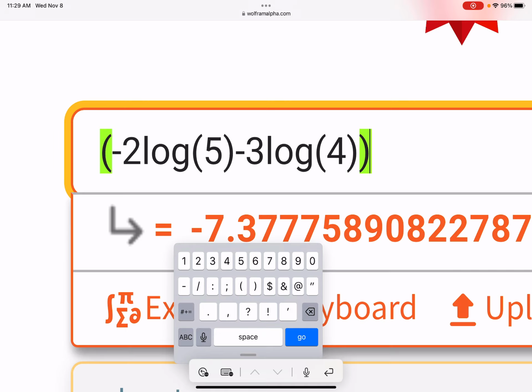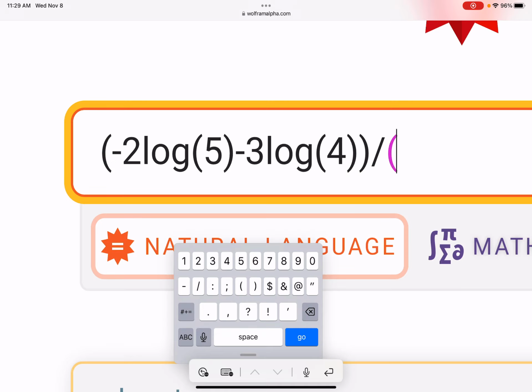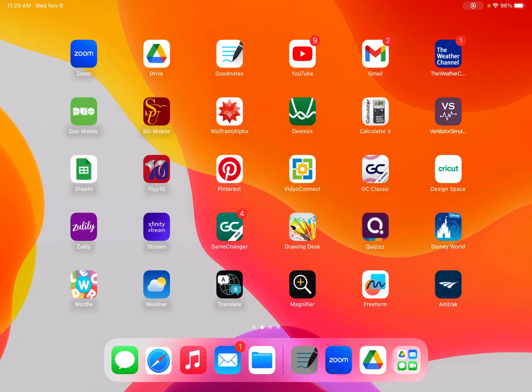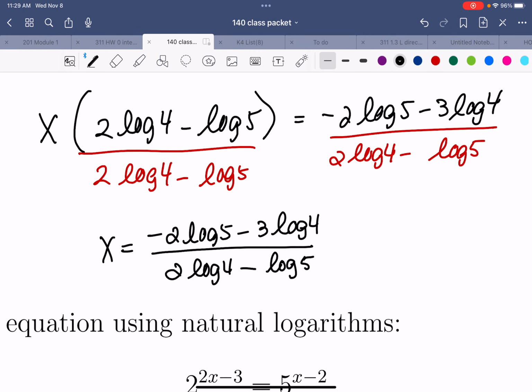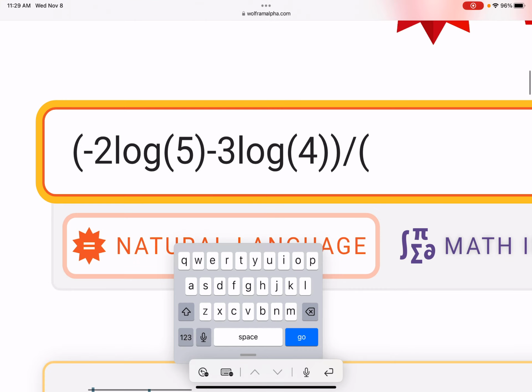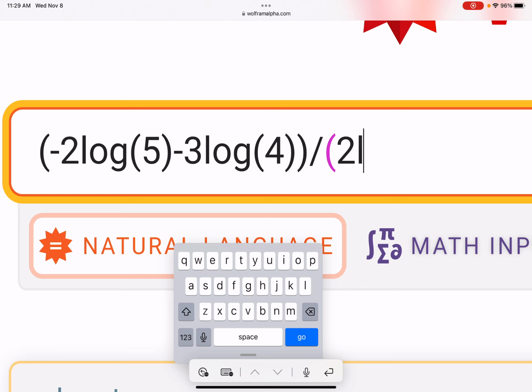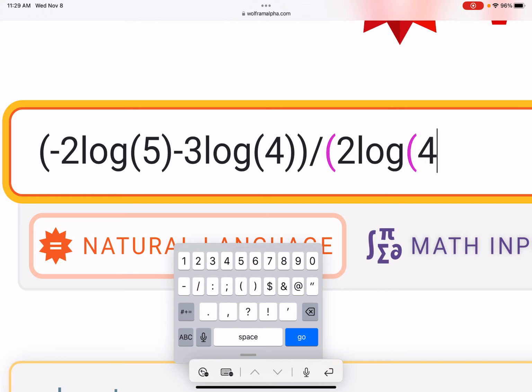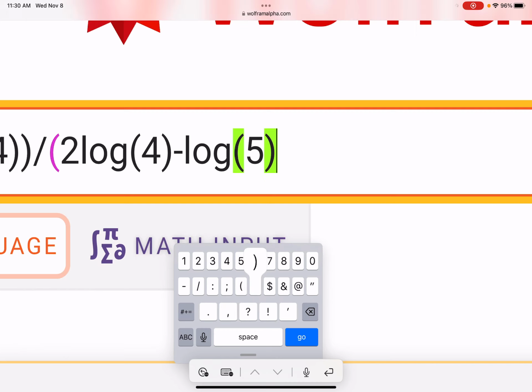Close the parentheses because that's my numerator. Divided by parentheses. Oh, I missed the 3 log 4. Is that what I was supposed to have? Nope, that was right. Okay, good. 2 log 4 minus log 5. Close my parenthesis.